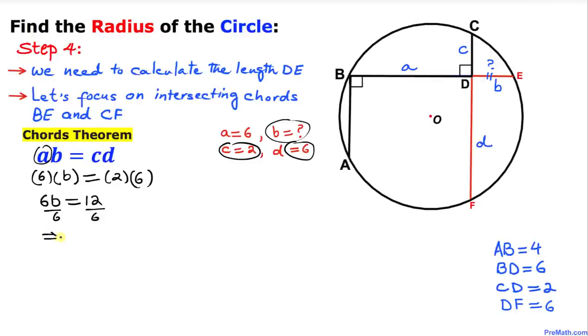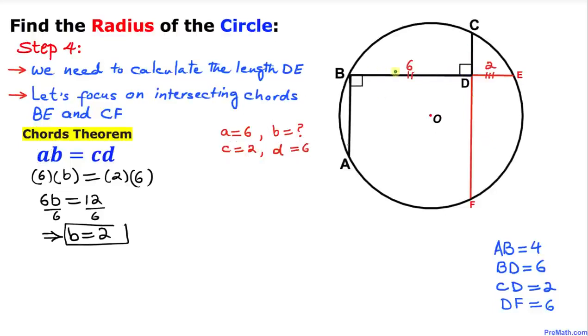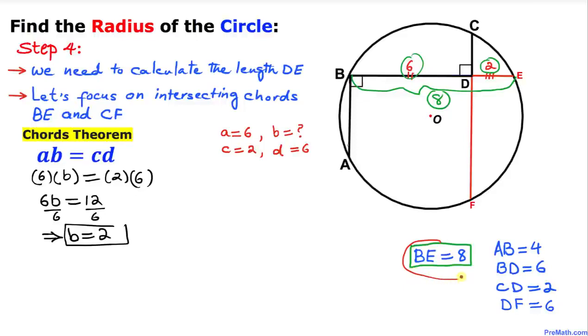That means our b value turns out to be 2. So this side is 2 units. So we know that this side BD is 6 and this side DE is 2. So this total length BE is going to be 2 plus 6, which is 8 units.